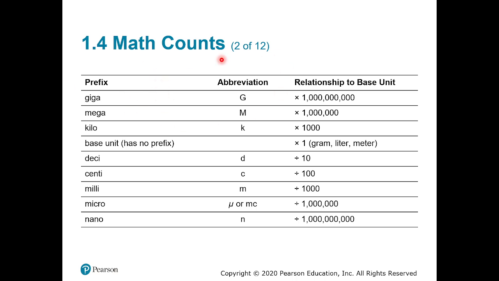So giga actually means 1 billion of the base unit. So for example, in a gigabyte, there is 1 billion bytes. Okay? A gigabit is 1 billion bits, isn't it? All right. Difference between a byte and a bit, by the way, is there's 8 bits in a byte. So when you look at the internet speeds, divide them by 8 if you want to know how fast your download's going.